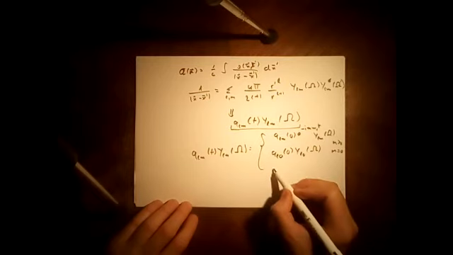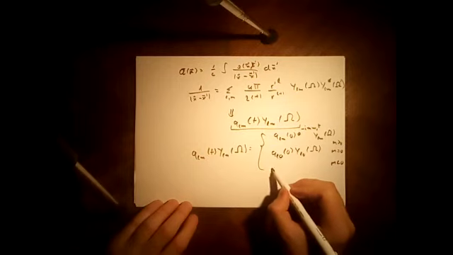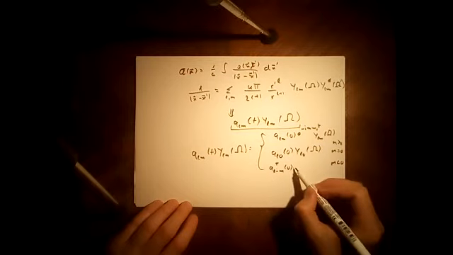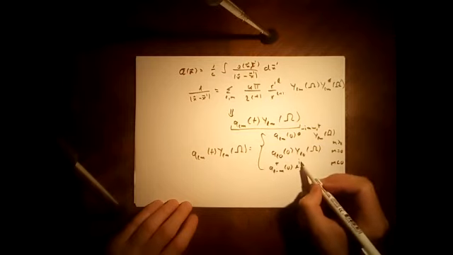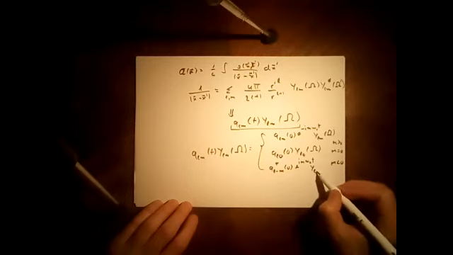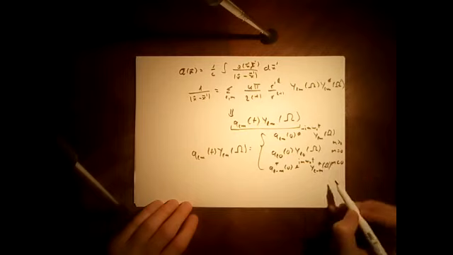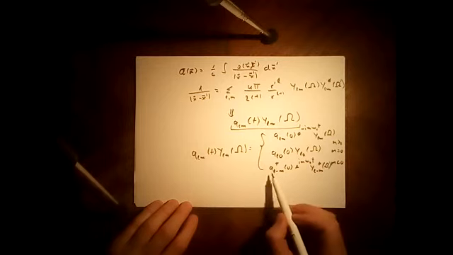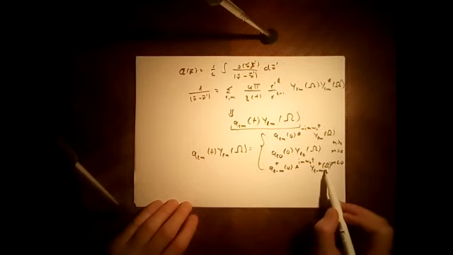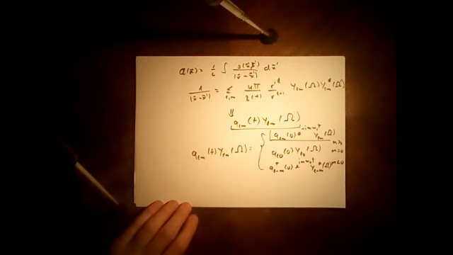On the other hand, for m less than 0, it's going to give you QL minus m 0 star e to the i m omega 0 t and YL minus m complex conjugate, which has the argument omega. So it's basically the complex conjugate of the m greater than 0 term.